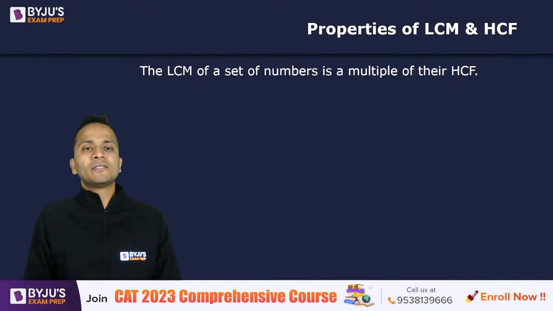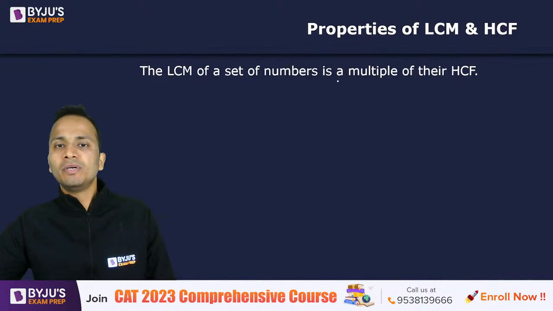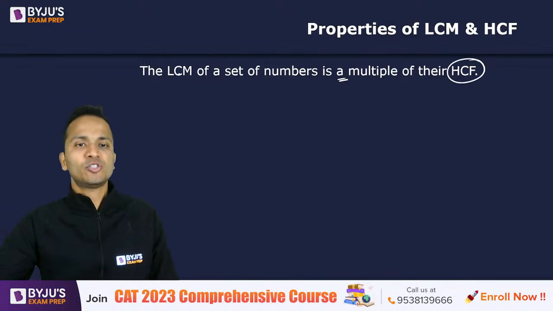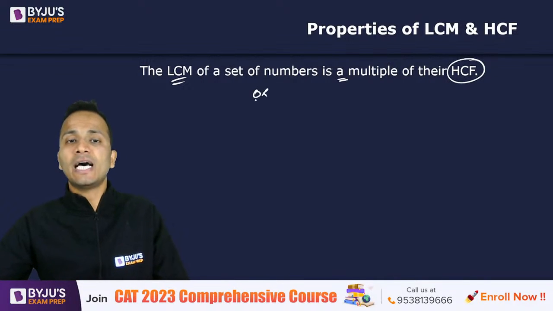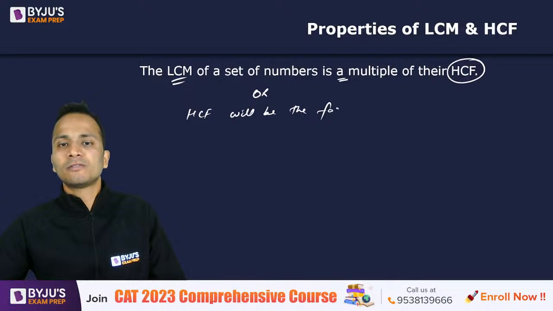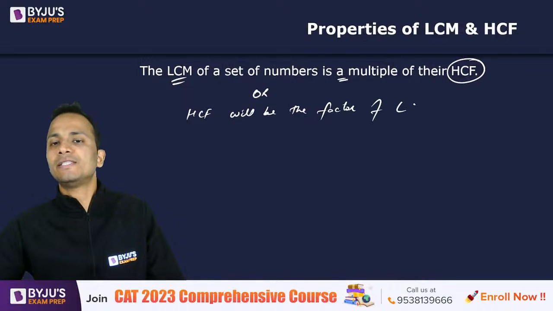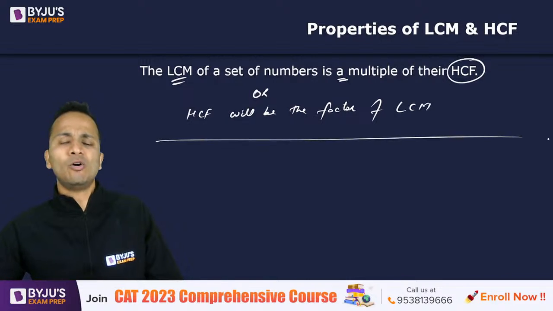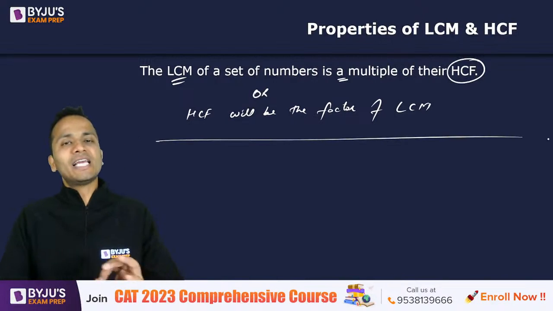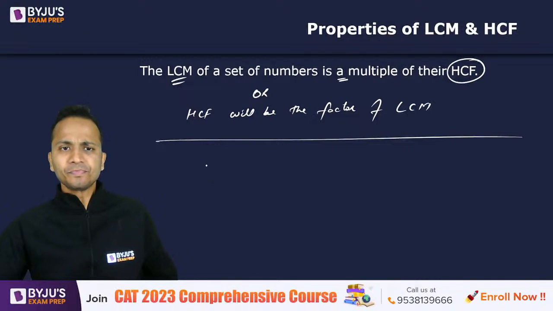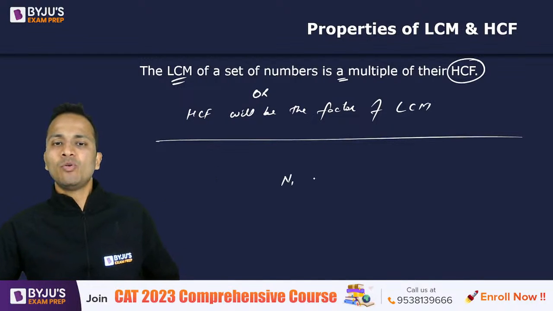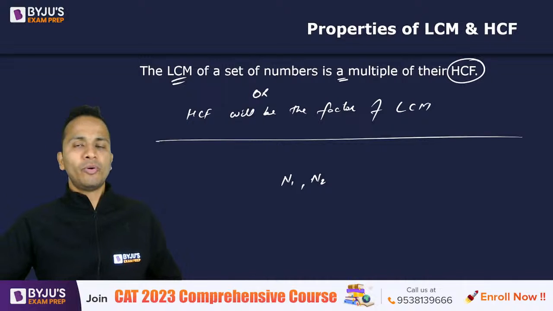Right? Fine. Now let's move on to the next property. The next property is the LCM of a set of numbers is always a multiple of HCF. So LCM will be a multiple of HCF, or you can say that HCF will be the factor of LCM. Let's see how. ऐसा कैसे होता है? हाँ, again बहुत basic चीज है. Okay, so let's say these are the numbers N1 and N2, right?